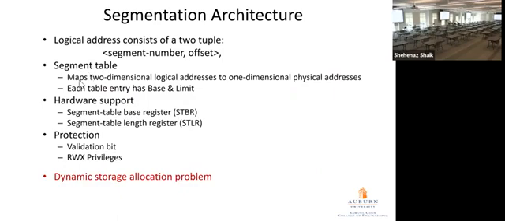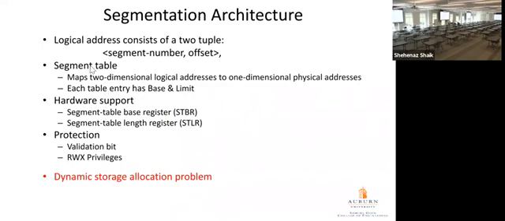Okay. Now, segment table is the one which has one entry per segment, and it has information regarding the starting location at which the segment is loaded, as well as the maximum size of the particular segment. Okay. Considering these segments may be of different sizes.